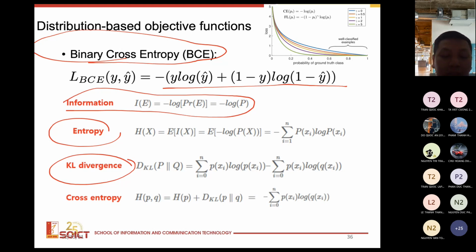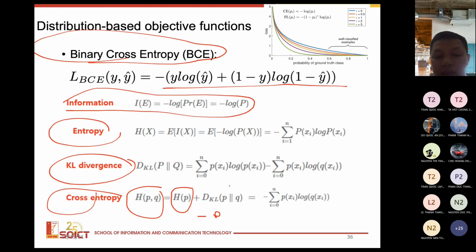So the cross entropy of P and Q is the entropy of P plus the KL divergence of P and Q, right? So when we minimize the cross entropy here, we somehow minimize the KL divergence of P and Q, right?